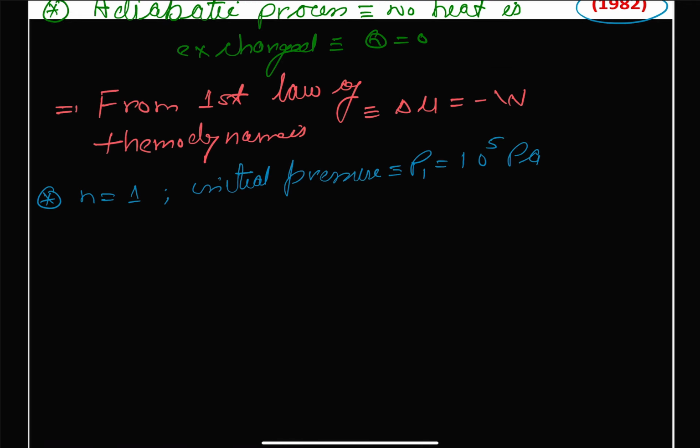The initial volume V1 is 6 liters, so we can write it as 6 into 10⁻³ meter cube.